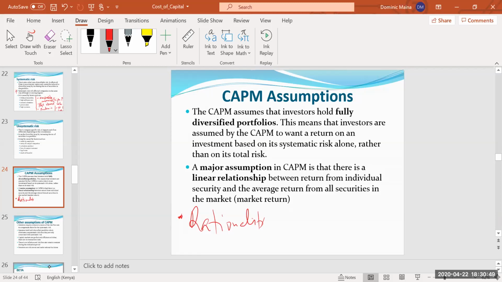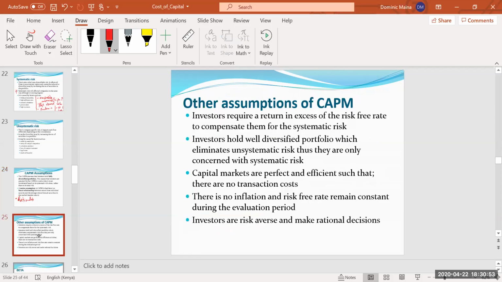Over and above those three assumptions, if you remember, we did discuss at the beginning of the topic the amount of risk the investor is exposed to. Of course, on the bare minimum, the amount of return you should be receiving is the risk-free rate of return.